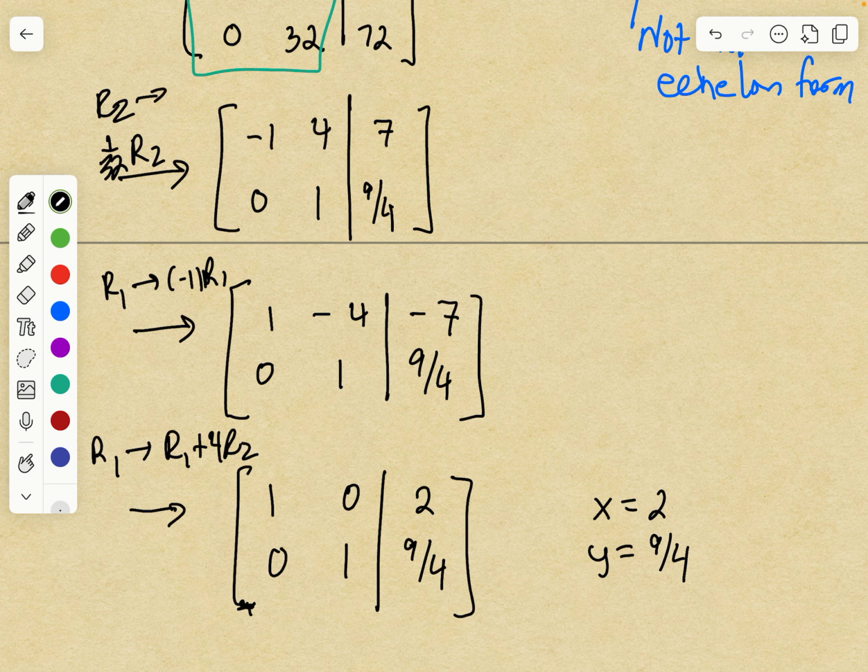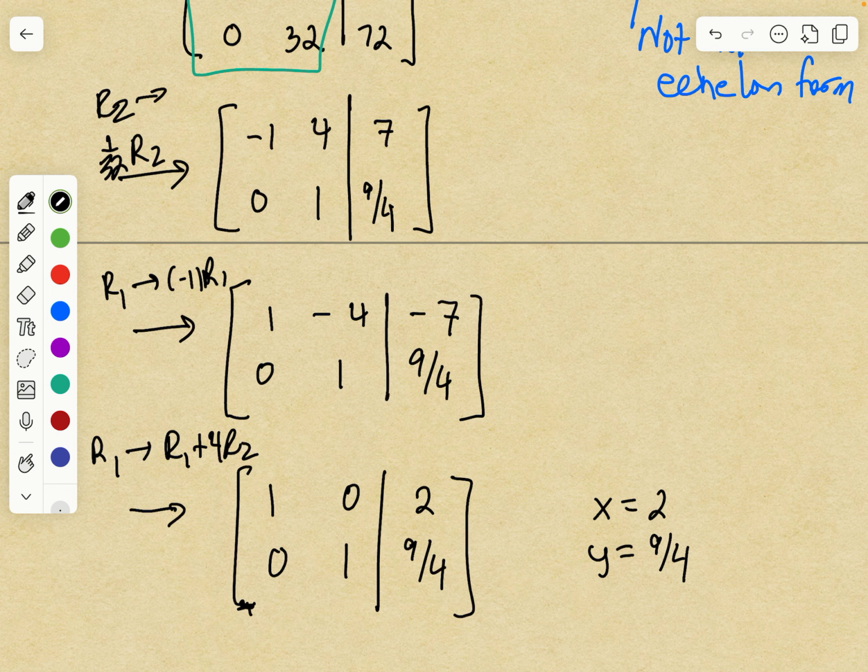So when you have a matrix, you want to do the same thing for every matrix to get into echelon form. That is, you start from the left column, you look at your top left entry.